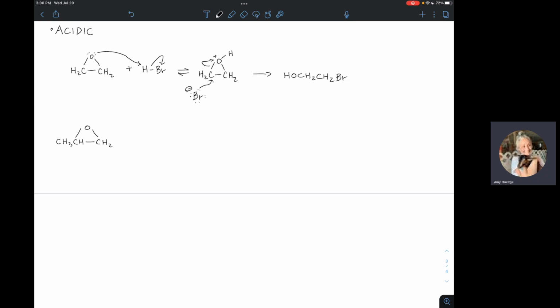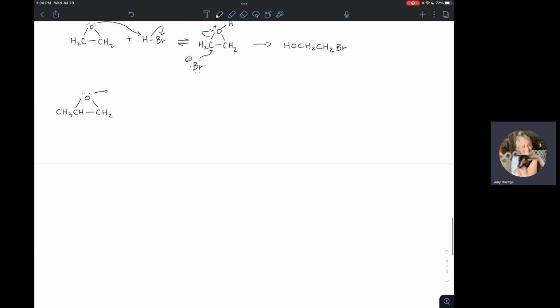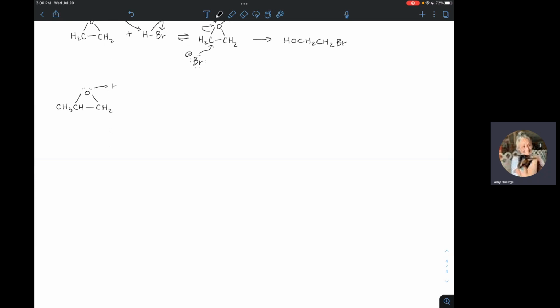So we're going to protonate. Some source of a proton is going to come in, HCl, whatever. And I will protonate the epoxide.